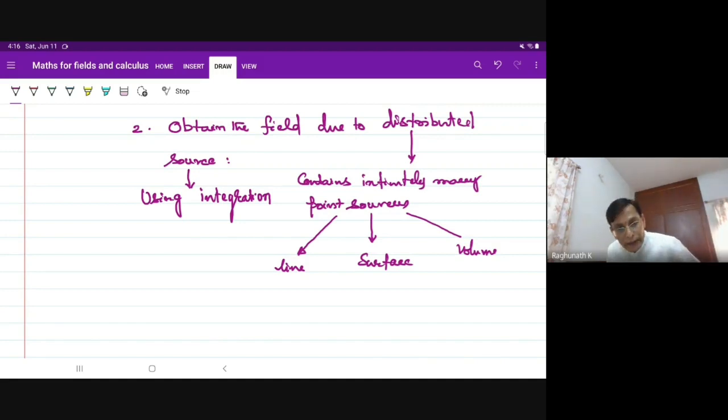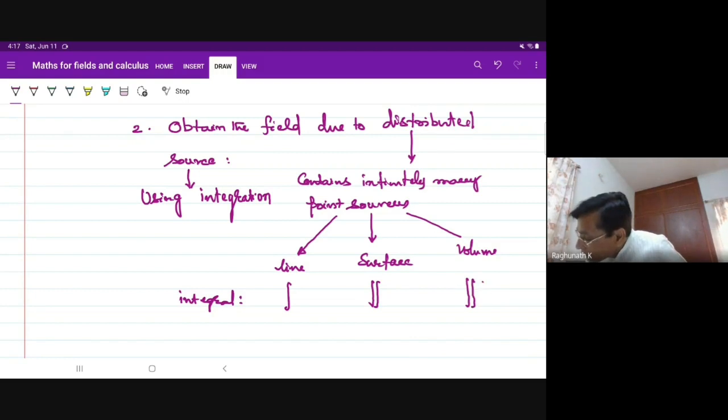Check it out. When you talk about line, it is a single integral. Surface is a double integral. Volume is a triple integral in any coordinate system for us.